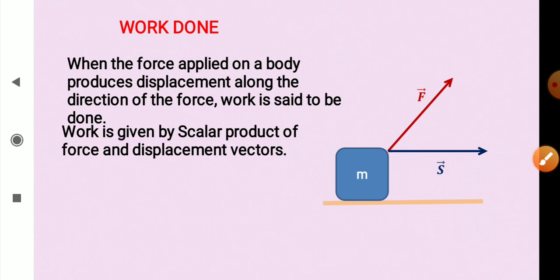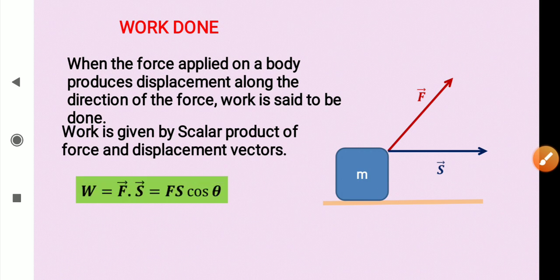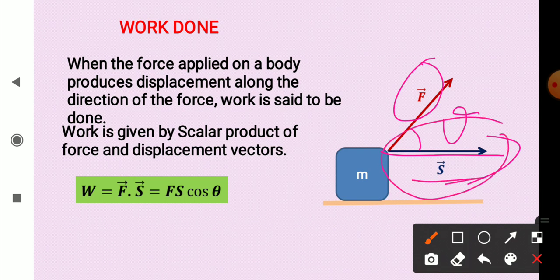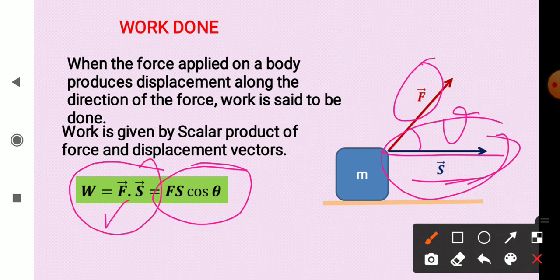So we look for a component of force along the direction of the displacement, and if this angle is theta, that component will be F cos theta. So F cos theta multiplied by S. Or we can say that work is given by the scalar product of force and displacement.